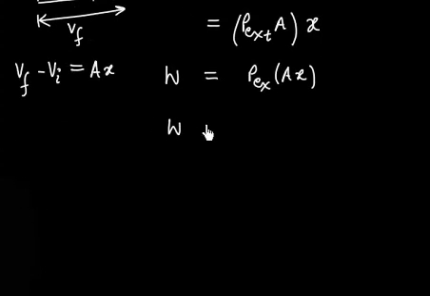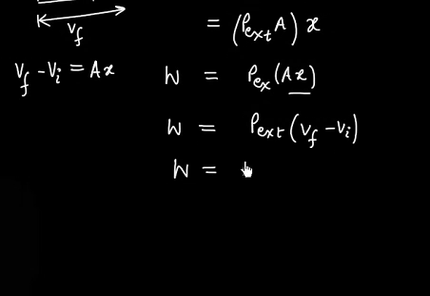The same thing can also be written as W equals P external times A x, which is P external multiplied by delta V, or dV. So Vf minus Vi, I am giving this as dV. So this is the work.